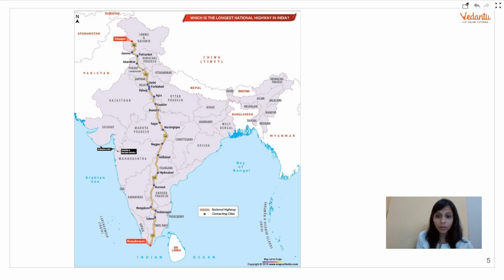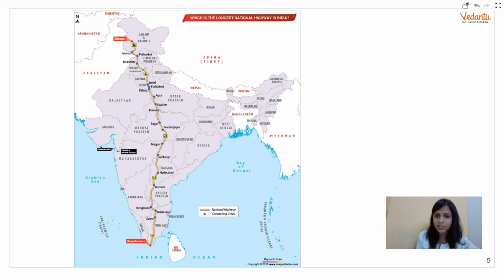First of all, it starts from Jammu and Kashmir, then goes into Himachal Pradesh. Just a bit of it is in Himachal Pradesh, then it comes into Punjab, then Haryana, then of course Delhi, and finally enters Uttar Pradesh. Then a little part of Rajasthan is covered right here.